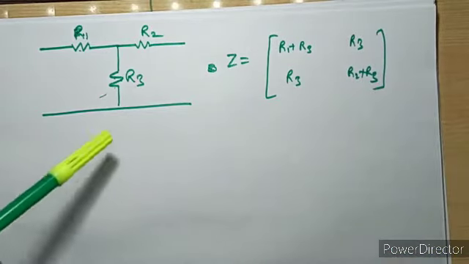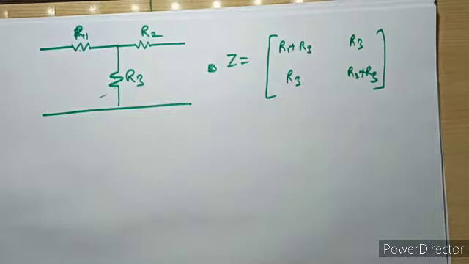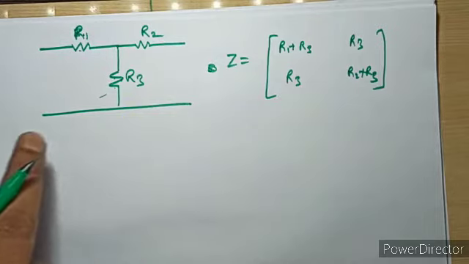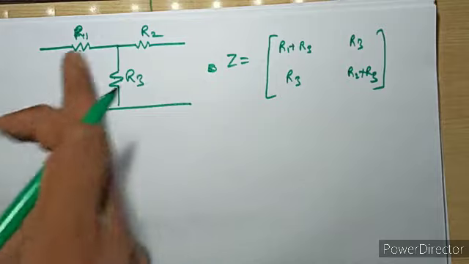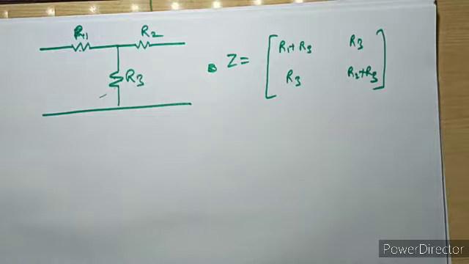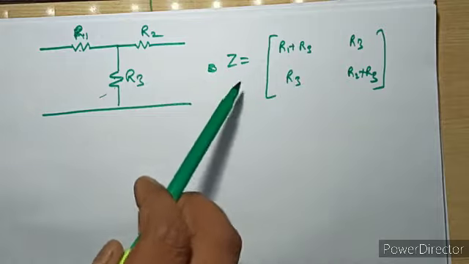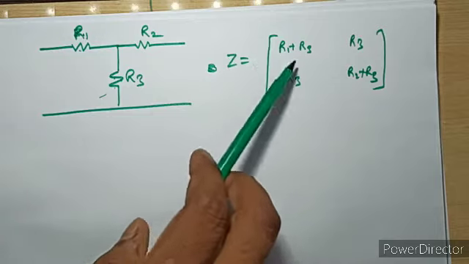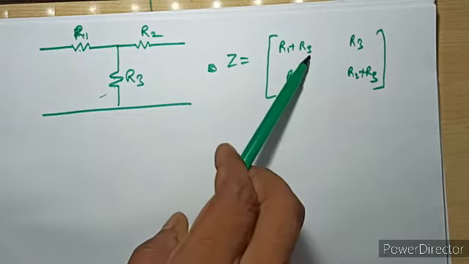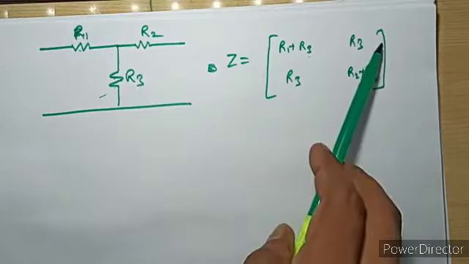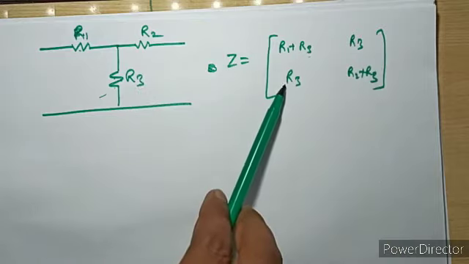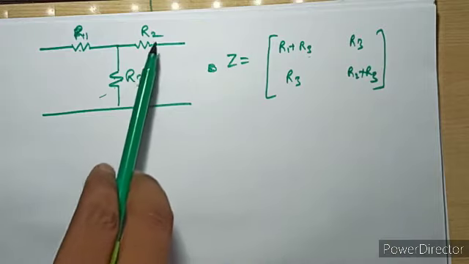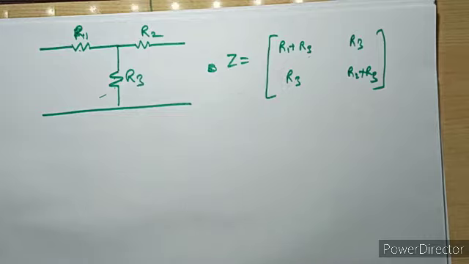If you are given a T network like this and asked to find its Z parameters, write blindly: Z11 is R1 plus R3, Z12 is R3, Z21 is R3, and Z22 is R2 plus R3. This is a shortcut.